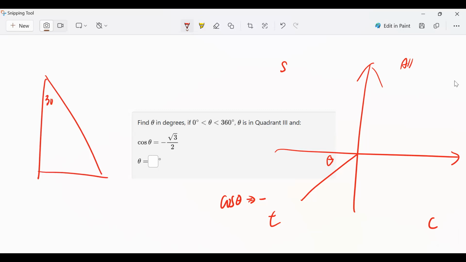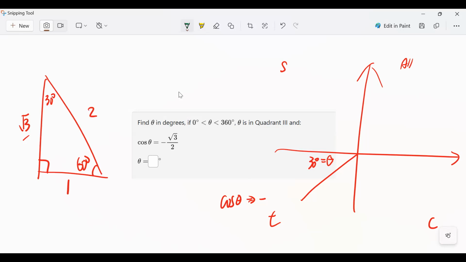this has to be 30 degrees, right? Radical 3, this is 2 units. So cosine 30 degrees equals radical 3 over 2. That means the reference angle must be 30 degrees. I'm going to use 180 adding 30.